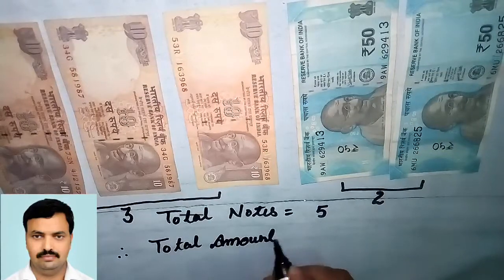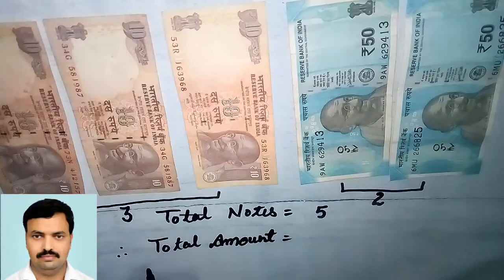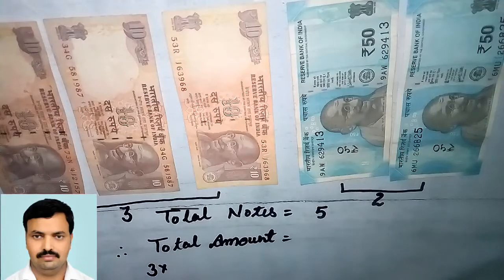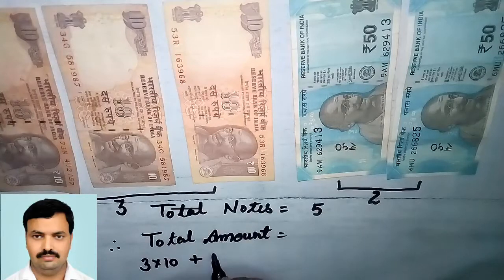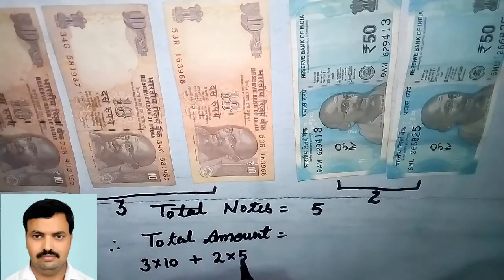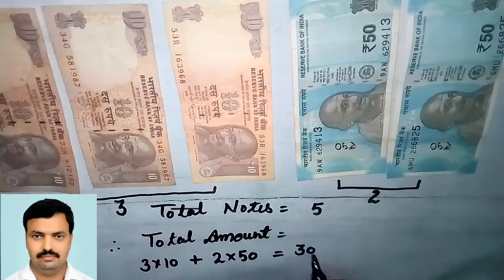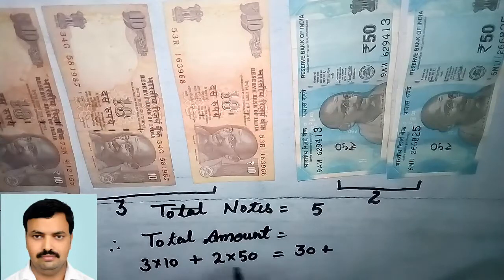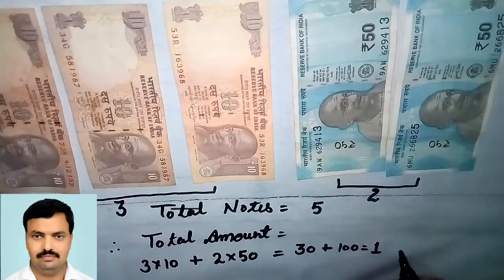Now how to find out the total amount? Total amount will be, remember 3 10 rupees notes were there, so 3 into 10, and you can see that 2 50 rupees notes are there, so 2 multiplied by 50, and total amount will be 3 tens are 30 plus 2 fifties are 100, which equals 130.